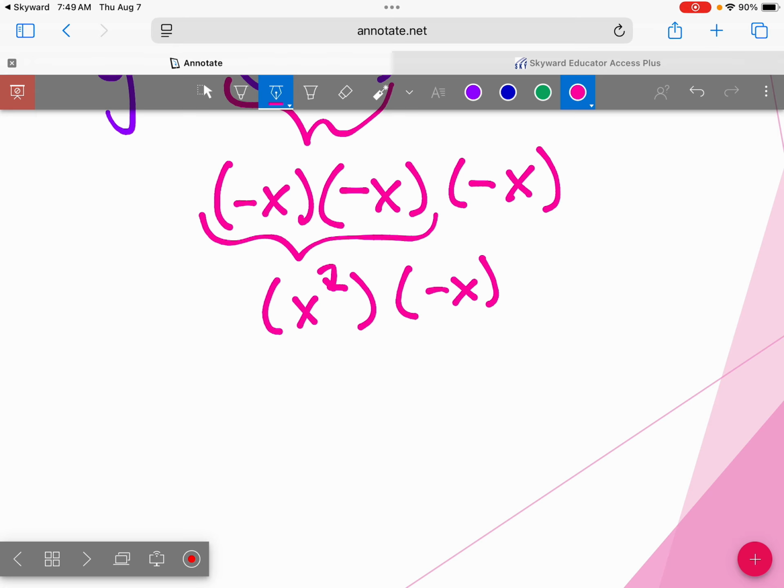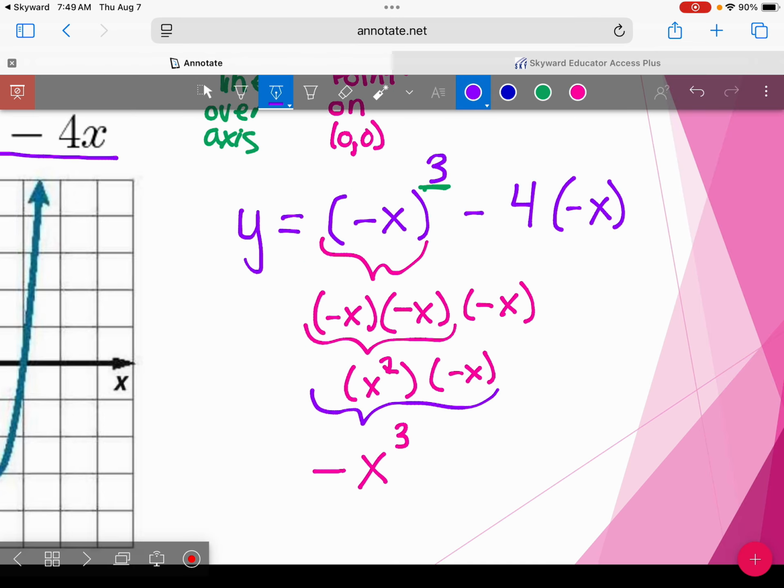So this is the exact same thing as if we had a negative x cubed, right? See that? That's probably the weirdest part of this. These things all mean the same thing as this minus x cubed up there.